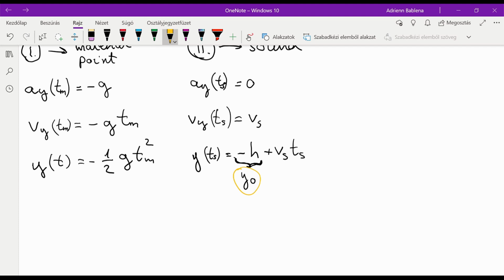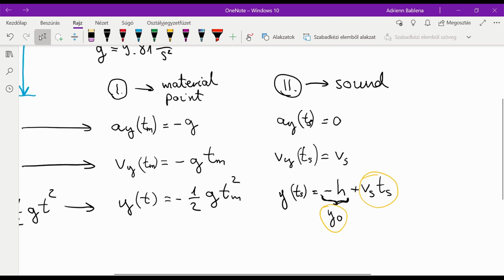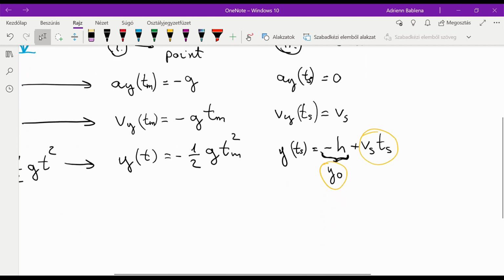And the integral of the constant Vs is Vs times t. And that's all. Now we have many equations. And what are we looking for? We are looking for h. So we are looking for the depth of our hole.